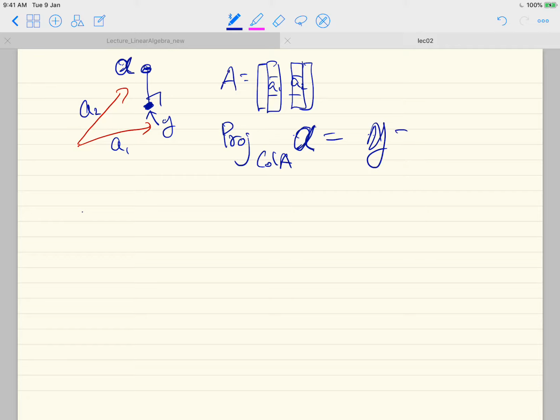So this y vector, which is an orthogonal projection of a, will be a linear combination of a1 and a2. Even before it is an orthogonal projection, a necessary condition to become y is that y should be inside the span of these two vectors, a1 and a2, right? Which means y is always represented as a linear combination of a1 and a2, right?